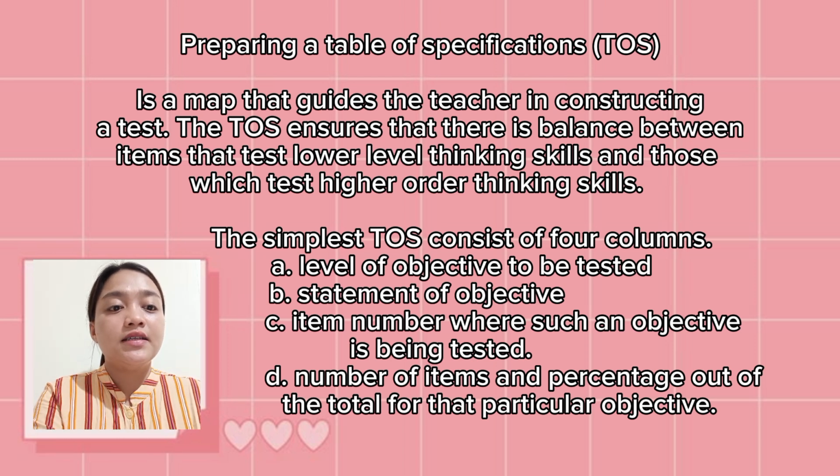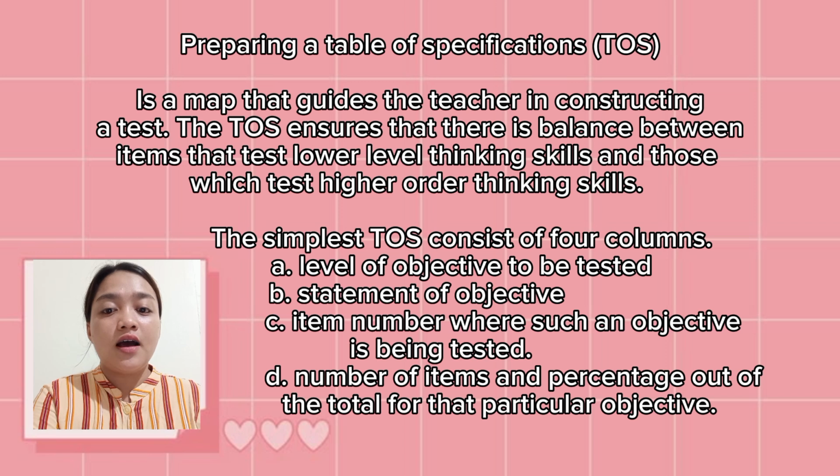Letter B, statement of objective. So, statement of objective. What this means, guys, is for instance, in item number 1 to item number 4, specifically, the topic is parts of the body.